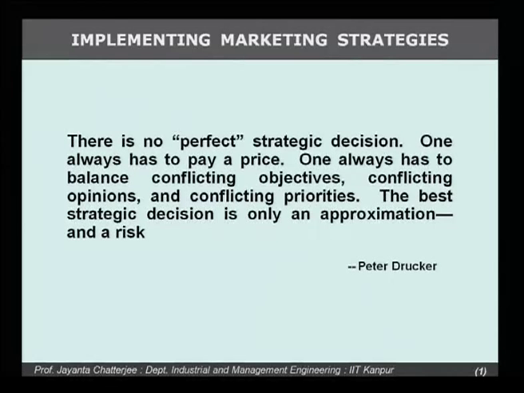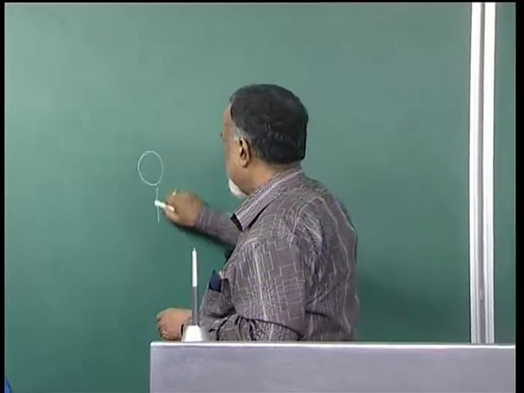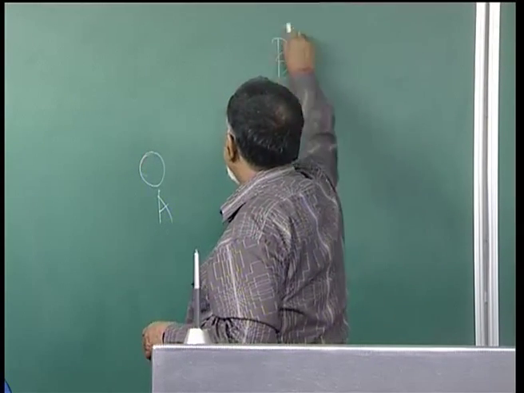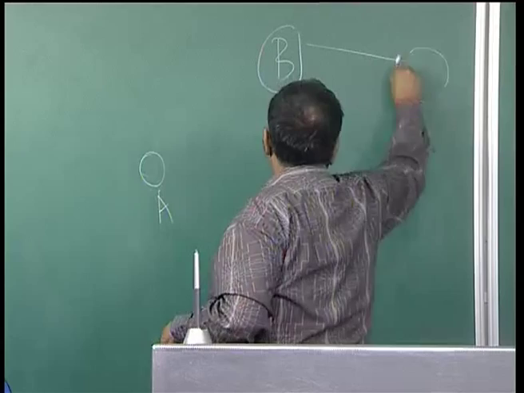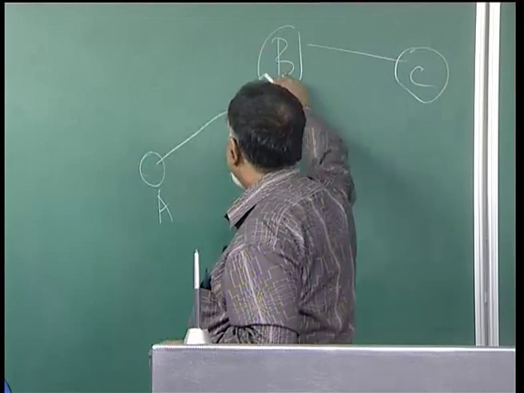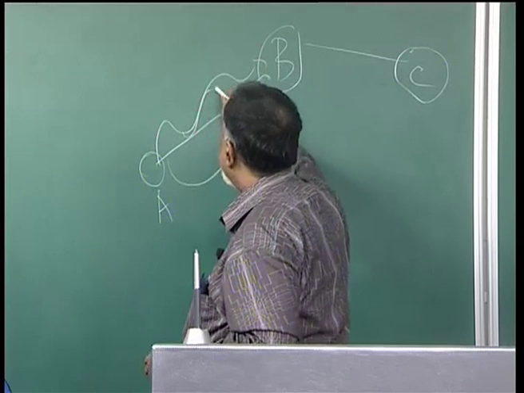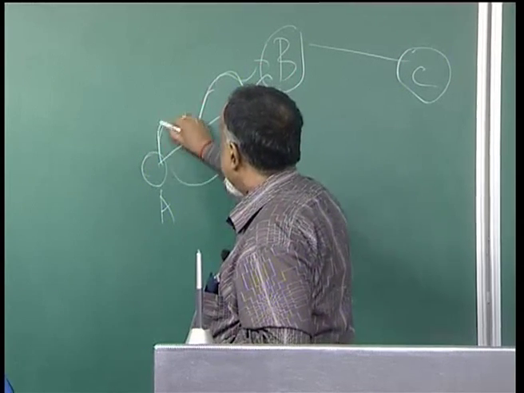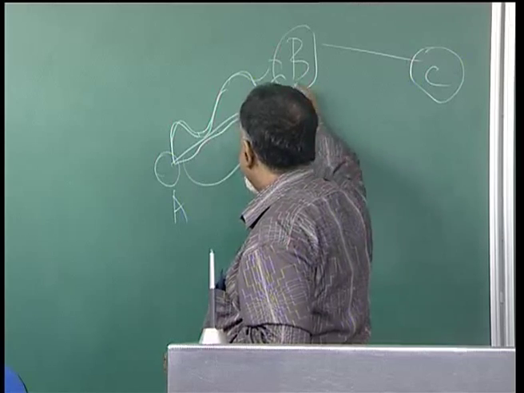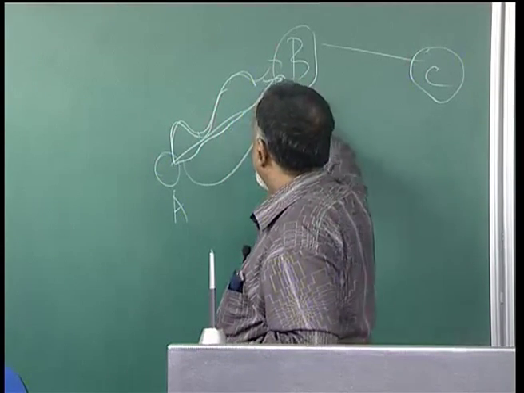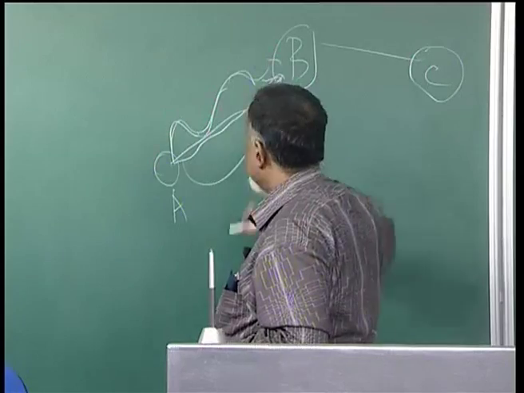It has risks, and that is why I have been repeatedly saying that strategic marketing, like all strategy, is a journey from A to B to C, and these are never straight lines. There are alternatives, and you need to adapt, be flexible, so it is not a simple solution.